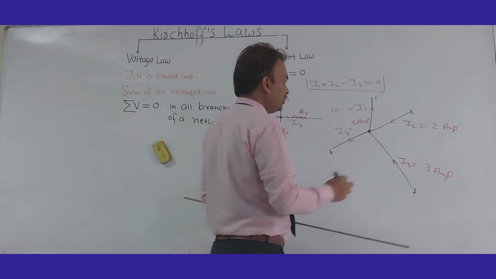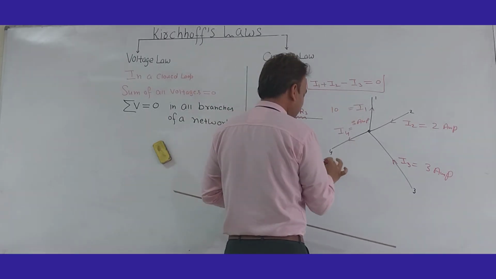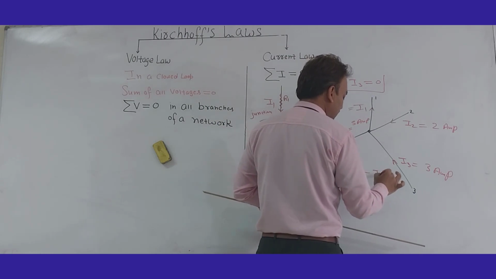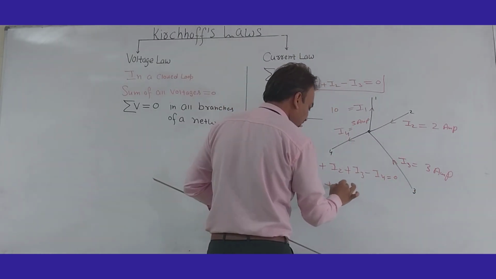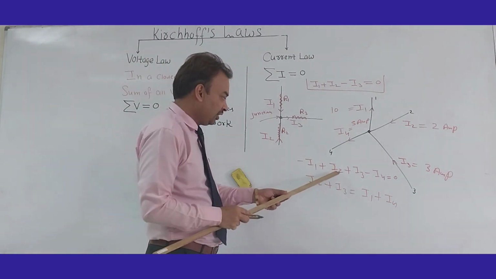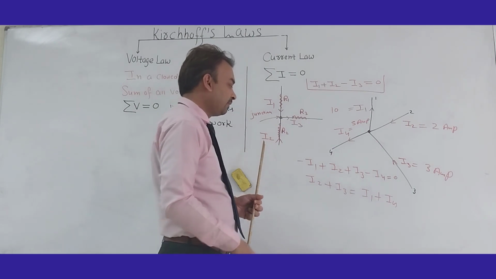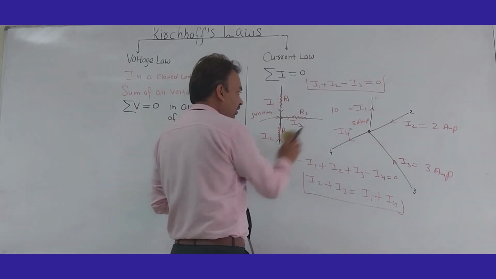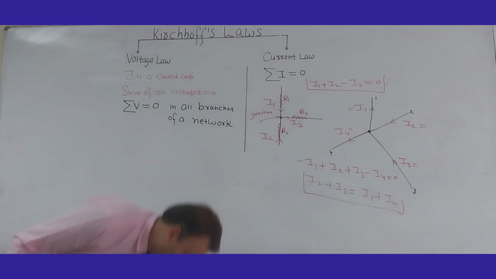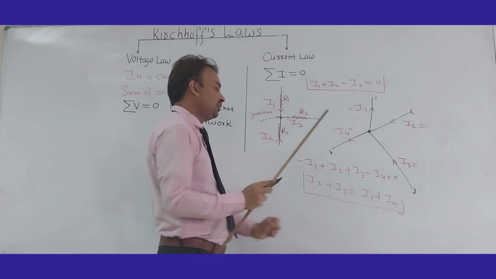So let me make the equation first: minus I1, because it is going away, plus I2 because it is going toward the junction, plus I3 which is also going toward the junction, minus I4, and the sum of all the currents should equal 0. So I2 plus I3 is equal to I1 plus I4. We are just making the equation, not solving for the current, so ignore these values. The sum of all the currents is equal to 0, so I2 plus I3 is equal to I1 plus I4.